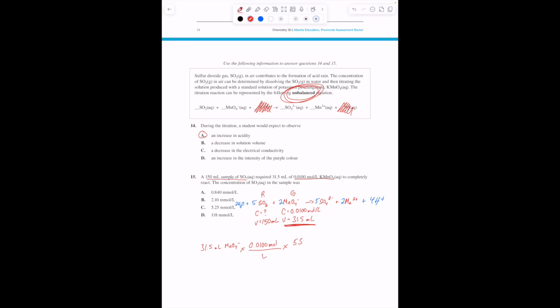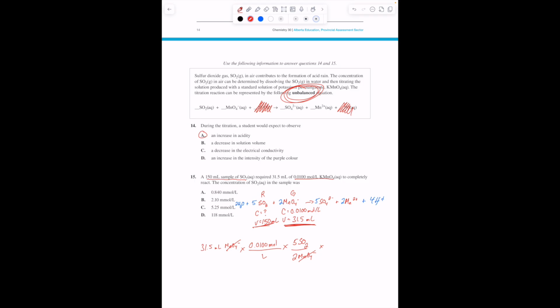Required is 5 SO2s over 2 MnO4 negatives. Cancel, cancel.